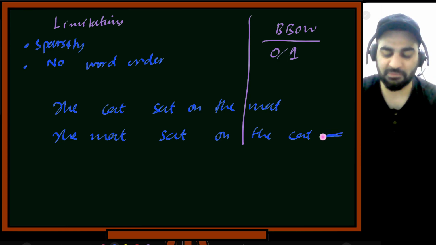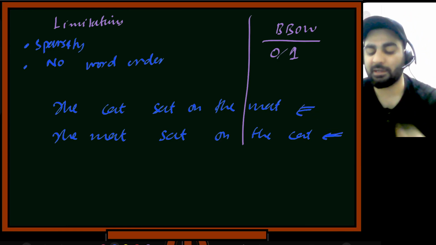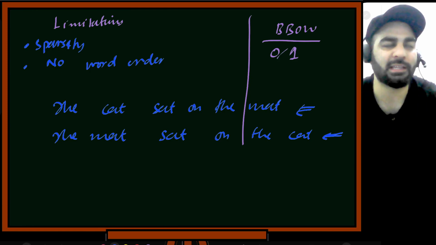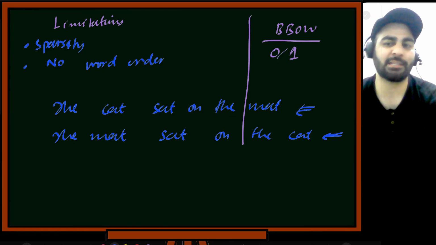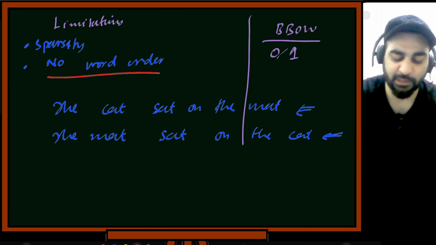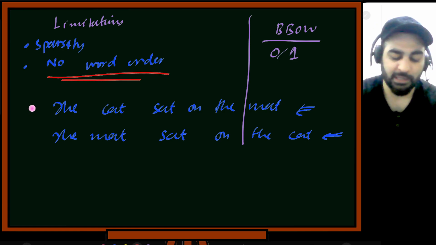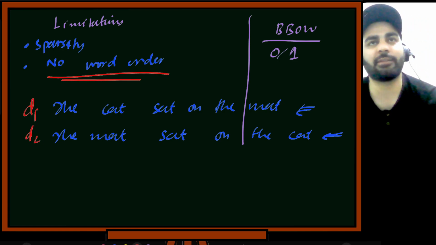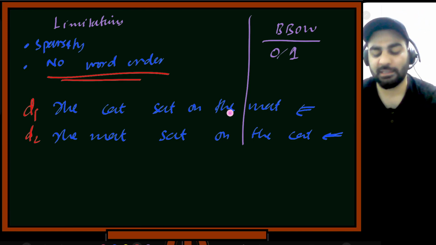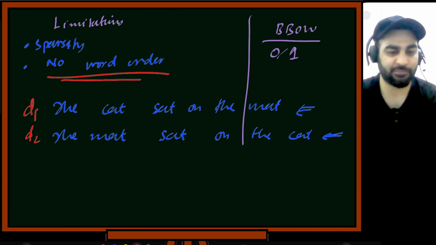But in bag of words, the word order doesn't matter, while in natural language processing, word order does matter. You can see this clearly from this example: these two documents will have similar vectors. They'll have distance 0. From the perspective of bag of words, they are the same, but they are not actually the same. That's the limitation.